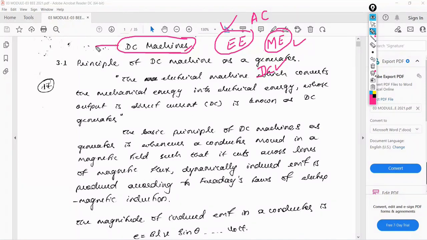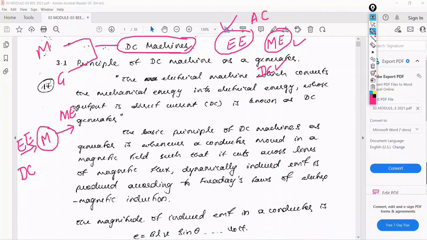With respect to these DC machines, there will be two machines. One is motor, and another one is generator. Again, there will be a question: what is a motor? If you are provided an input electrical energy, which is DC power supply, and this electrical energy is converted into mechanical energy, that machine is called a DC motor.